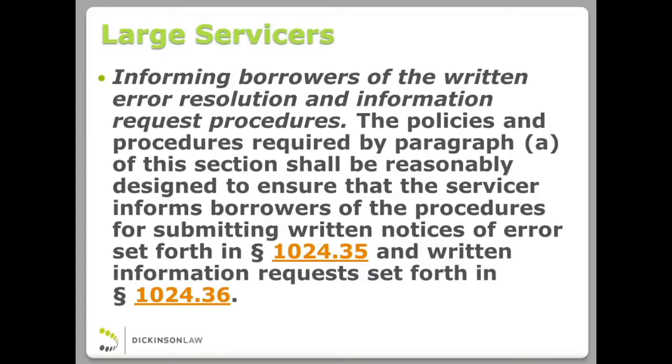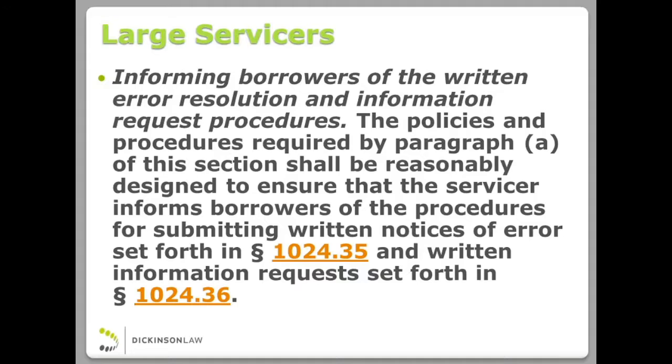The difference here is they don't give you any model language. So the credit card error resolution procedures, there's model language. You just ensure that you send it out annually, or there's a short form you can put on the back of the statement. Here, the regulation states that you have to inform the borrowers of your written mortgage error resolution information request procedures, but it doesn't give you any guidance as to what that looks like, and it doesn't give you any model language to use.